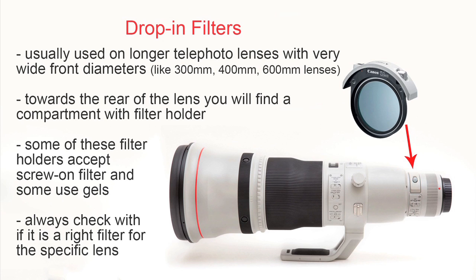So, towards the rear end of the lens, you will find a compartment with a filter holder, as it's shown on the picture. Some of these filter holders accept screw-on filters and some use gels. But always check if it's the right filter for a specific lens before you buy it.